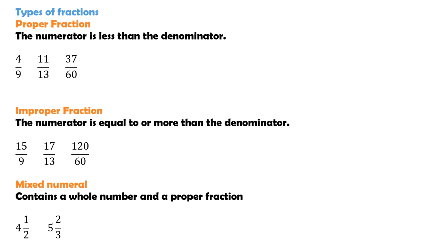In the first example, you can see 15 over 9. You could have something like 15 over 15 as well. That is also an improper fraction. And the last one is our mixed numeral. This contains a whole number out the front and a proper fraction behind it, such as 4 and 1/2 or 5 and 2/3.